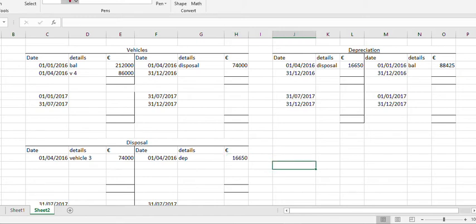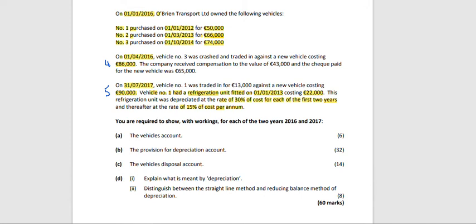Okay, what other information do we have about that trade-in? We are told the company received compensation of 43,000 and the cheque paid for the new vehicle was 65,000. So let's have a look here.